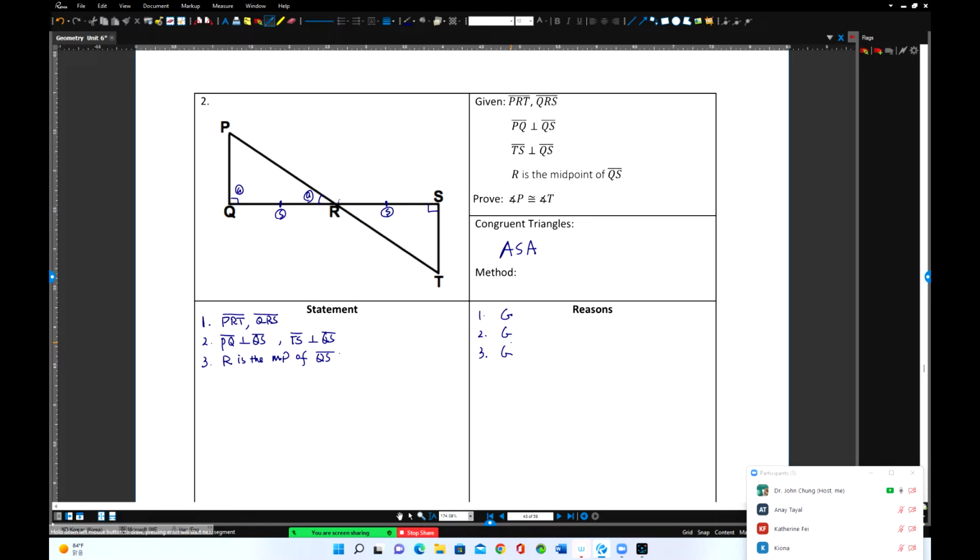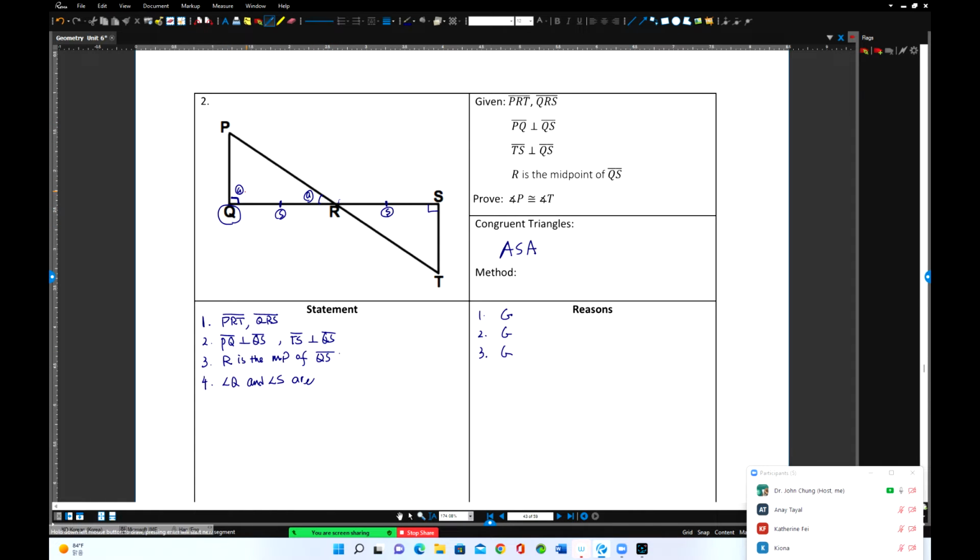We already finished this one. Not finished yet. Using perpendicular, we're going to say angle Q and angle S are right angles. Only one angle there, okay? You can use only one letter. If not, you have to say PQR, something like that.